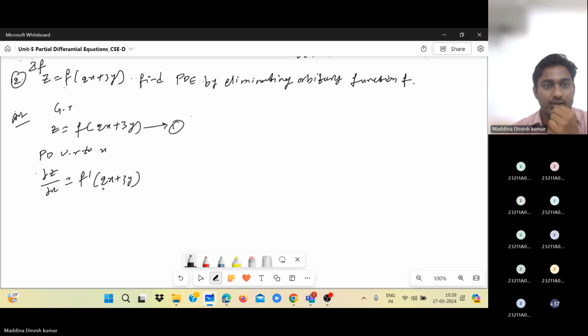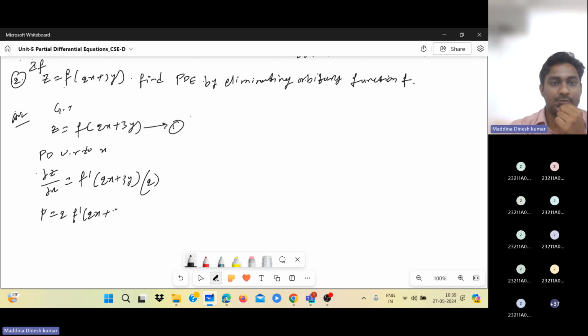This 2x will become 2, this 3y will become 0. 2x plus 0 is 2. In place of ∂z/∂x, you can write p. So p equals 2 f dash of 2x plus 3y. Consider it as equation number 2.